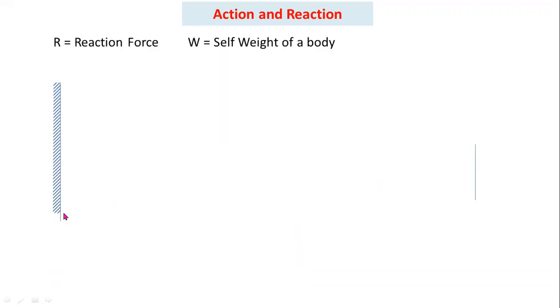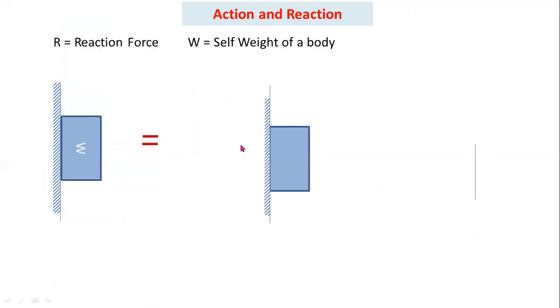In a similar way, if you are considering a vertical support, then how to convert the self-weight and reaction force for this condition? First of all, you have to consider the self-weight W vertically downwards. Self-weight of any body always acts vertically downwards.